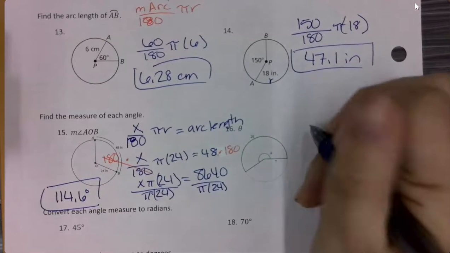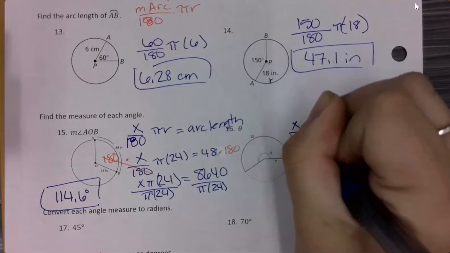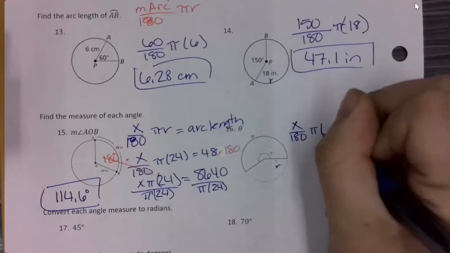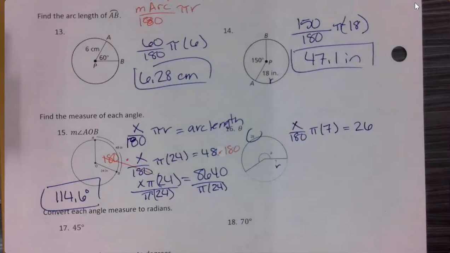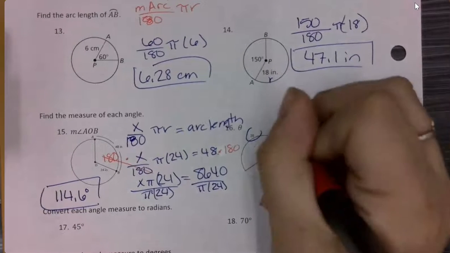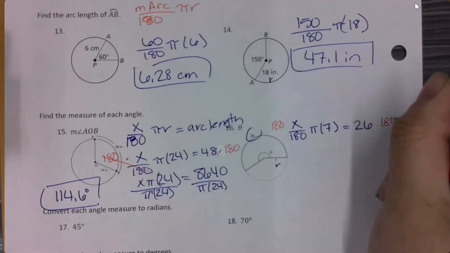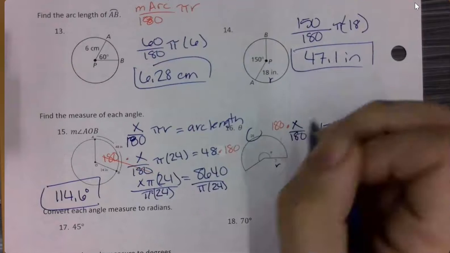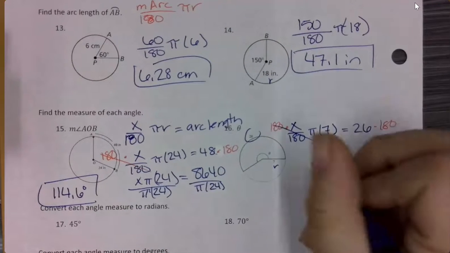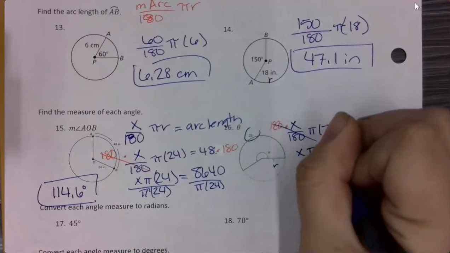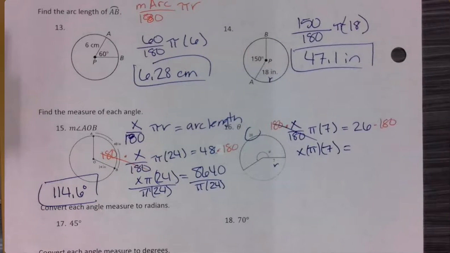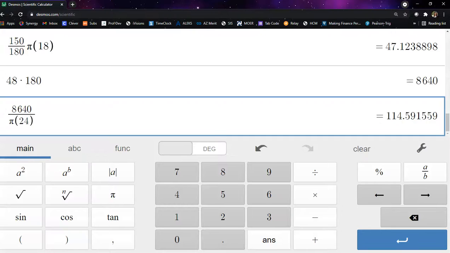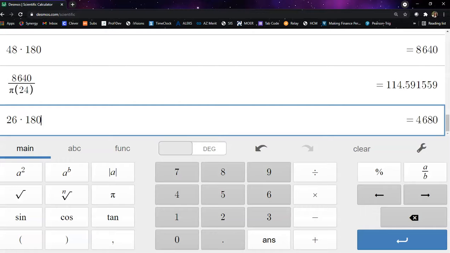So I'm going to do the same thing over here. I'm going to have x over 180 pi times my radius, which is 7, equals the arc length, which is 26. So again, I'm going to start off by multiplying both of my sides by 180. On the left side, that cancels out. So I'm left with x times pi times 7 equals whatever 26 times 180 is. 4,680.